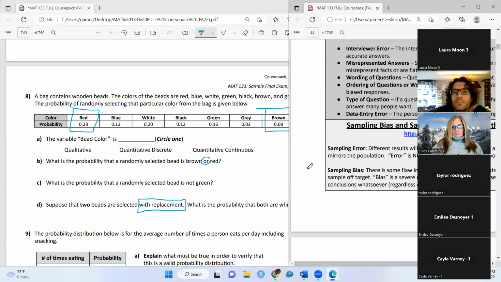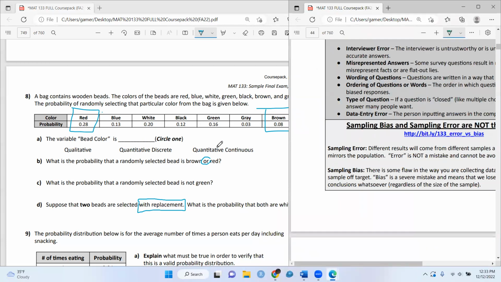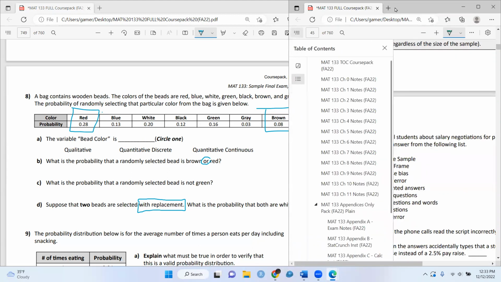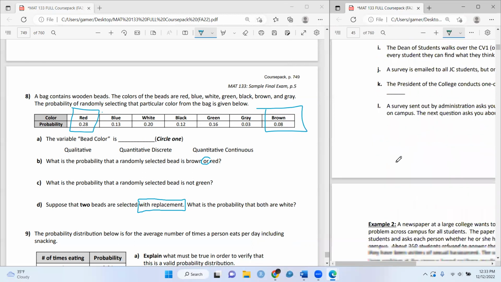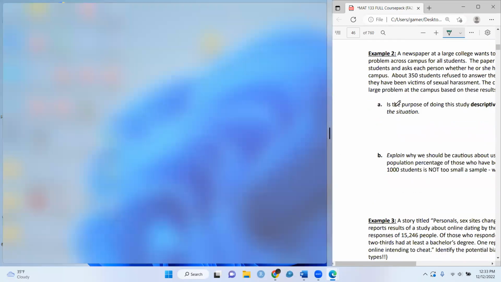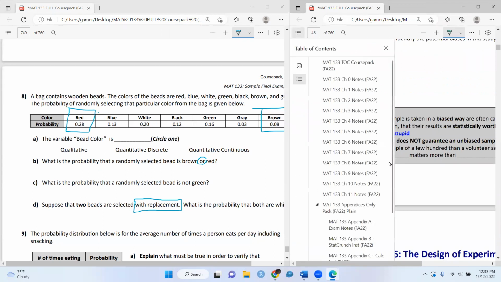No. If we're taking the bead out of the box and setting it aside and not replacing it, the probability of selecting another bead would change, because there'd be less beads in the box. That would mean they're dependent, and there's a special thing you have to do when they're dependent.